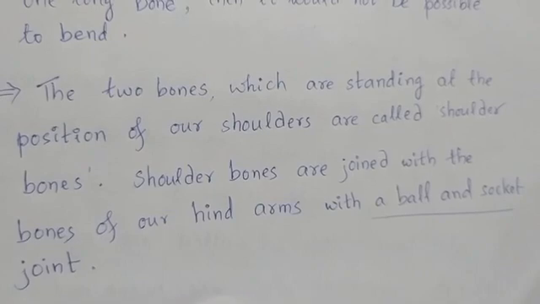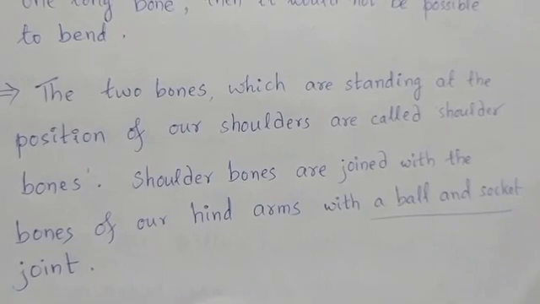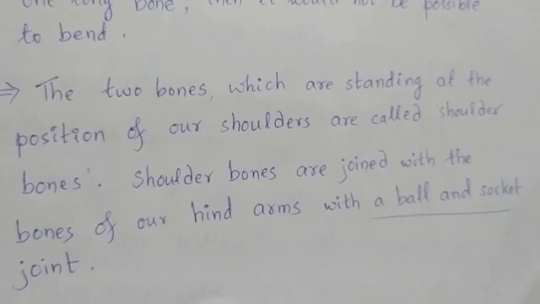Go and stand by taking the support of a wall and press your back to the wall. Below your head, on the backside of your chest, two bones will be pressed.